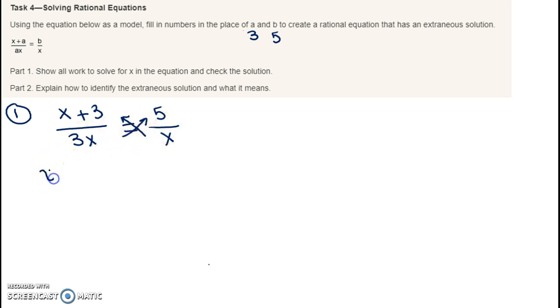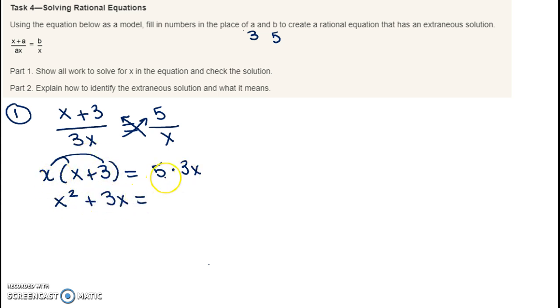So I'll have x times x plus 3 equals 5 times 3x. Then I'm going to distribute to get rid of the parentheses, so I'll distribute the x. x times x is x squared. x times 3 is 3x. 5 times 3 is 15x.